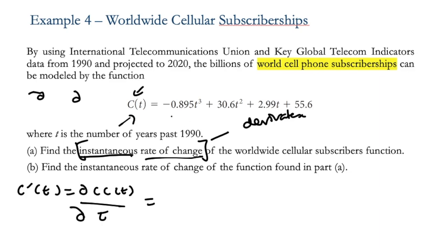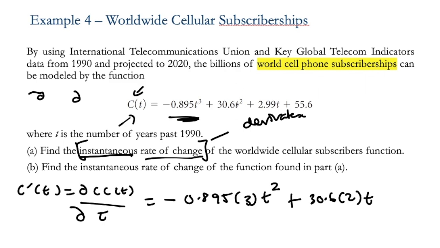So here, when you differentiate it, it becomes minus 0.895 times 3t squared plus 30.6 times 2t, because now it's left with t, because 2 minus 1 becomes 1, plus 2.99. That's it. So we have answered question A.